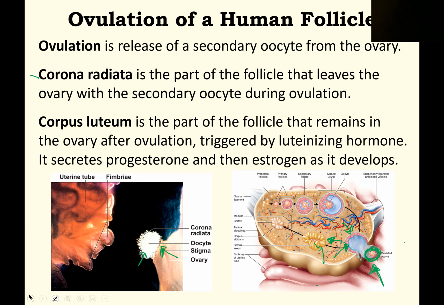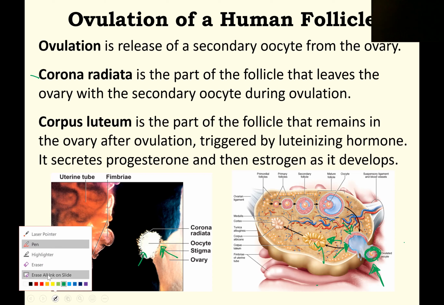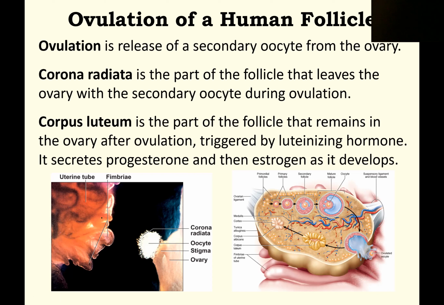So when we look at this, we also need to notice something else. At the point or site of ovulation, there's what we call a stigma, and that's going to create a scar on the surface of the ovary. If the ovary is big enough, you can count that scar and see how many times ovulation has occurred.